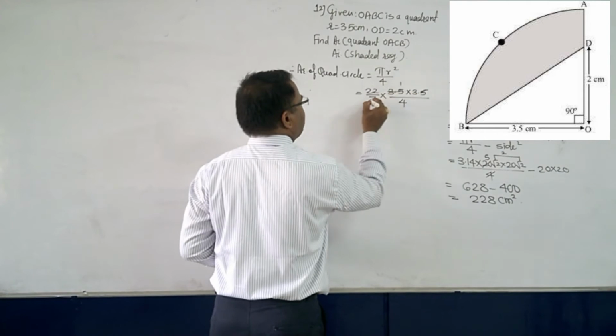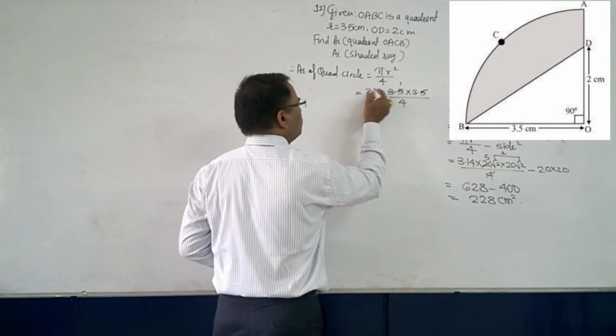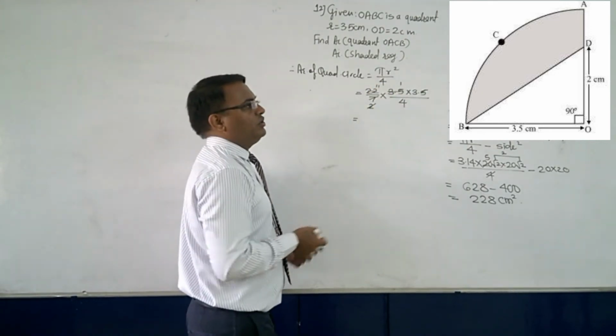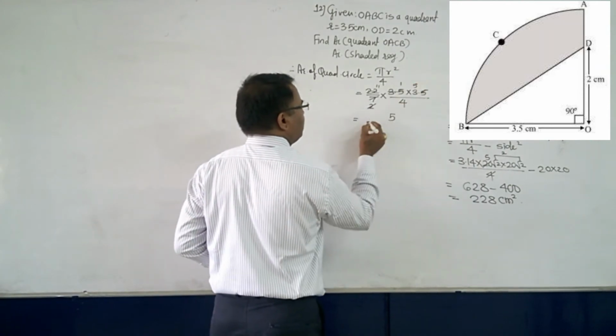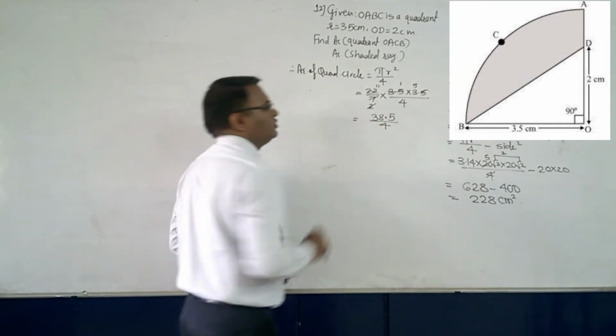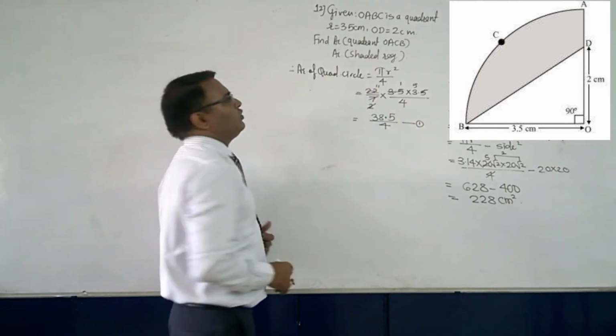So 7 into 3.5, and 2 11s are. Now 11 into 3.5 is what? 11 5s are 55, 11 3s are 33, so 38.5 divided by 4. Let us keep it like this only. This is nothing but the area of the quadrant circle.